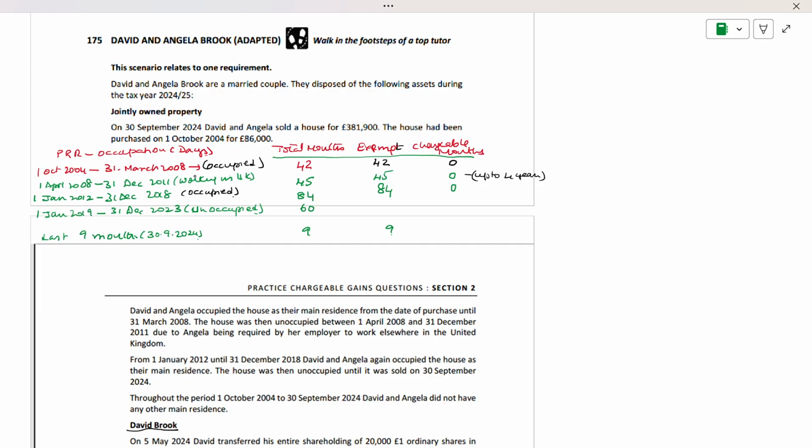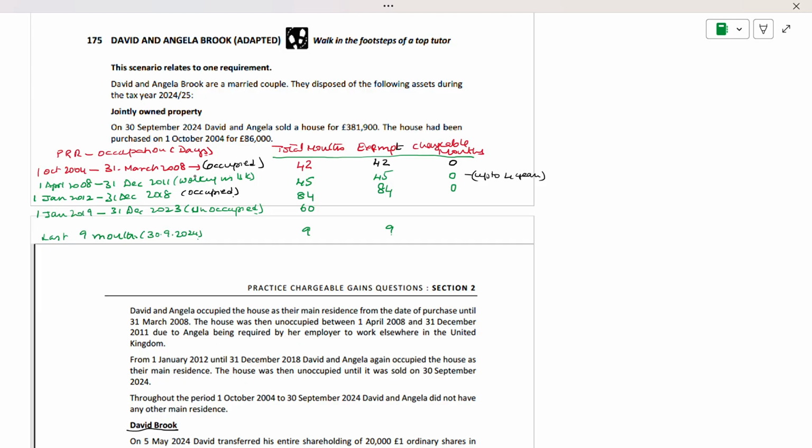What is the condition? They say up to 3 years of absence for any reason is fine, if after that they are coming back and occupying. If they are not coming back and occupying again, can we give it that they are 36 months? No, sir. Only 9 months will be exempted, and the remaining will be chargeable.